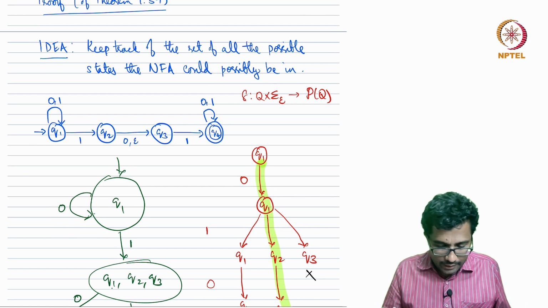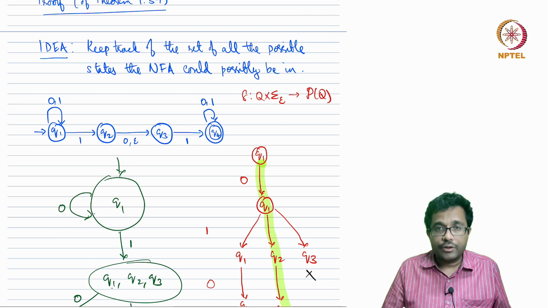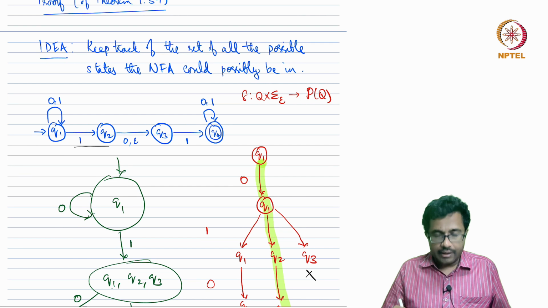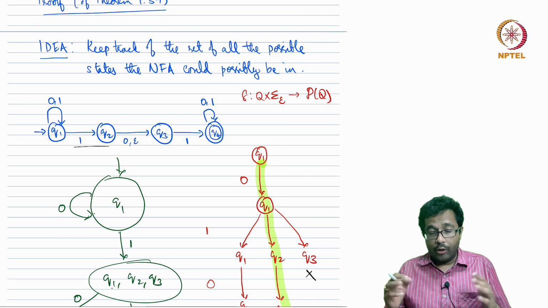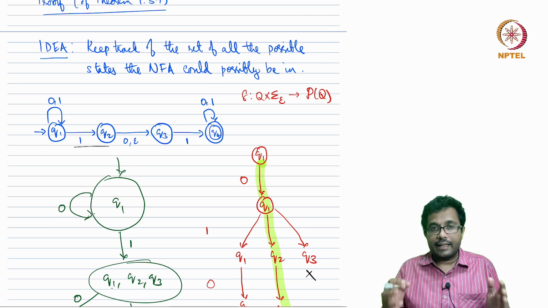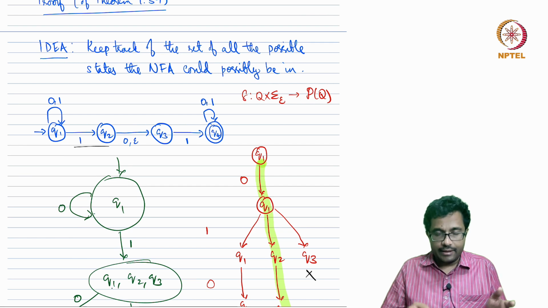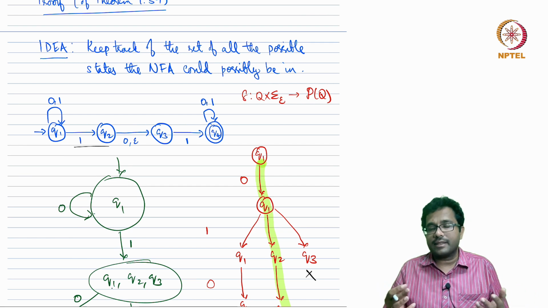So this NFA in blue has 4 states. The equivalent DFA as per this construction will contain as many states as the power set, and the power set of a set of 4 elements contains 2 to the power 4, which is 16 elements.